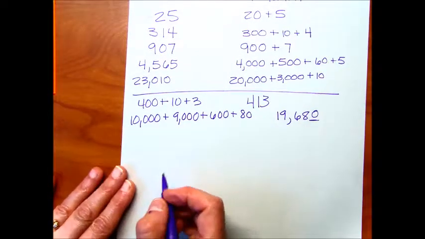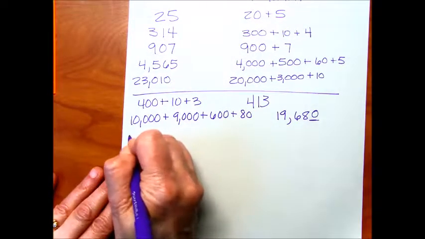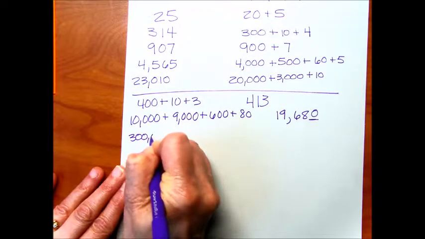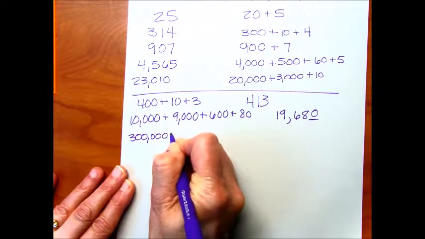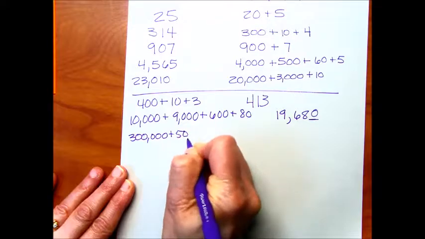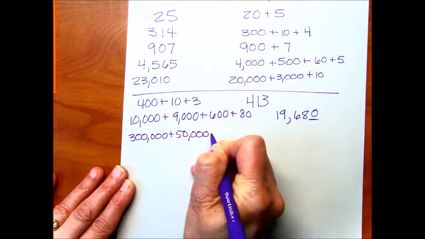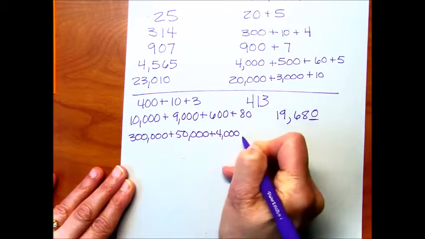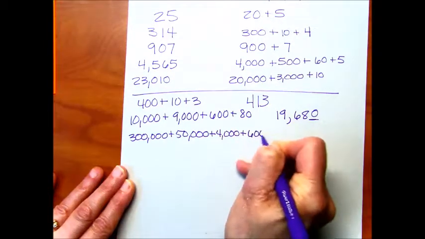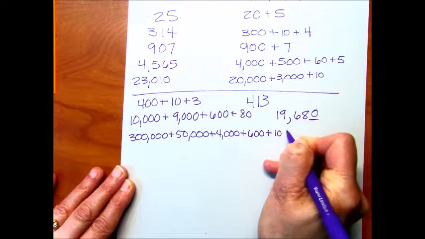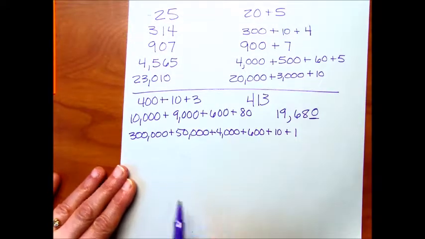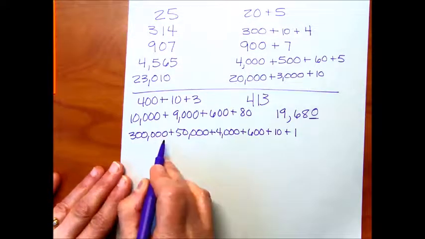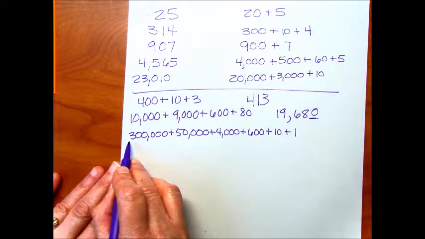Let's do 2 more. Let's say we have 300,000. We're getting into some big numbers here. 300,000 plus 50,000 plus 4,000 plus 600 plus 10 plus 1. So we've got a 6th place value number. This is 100,000.